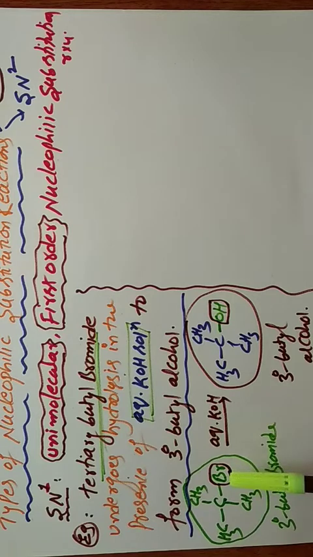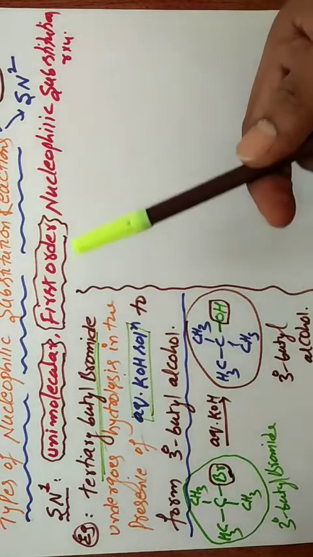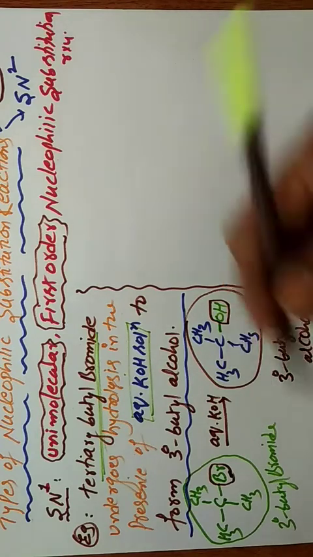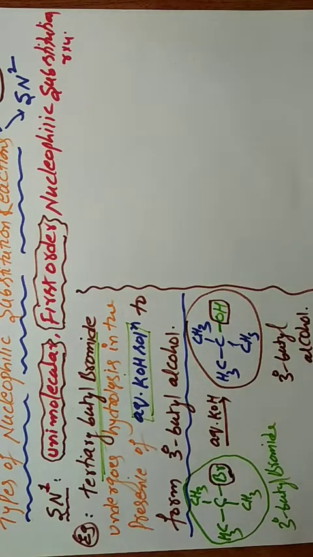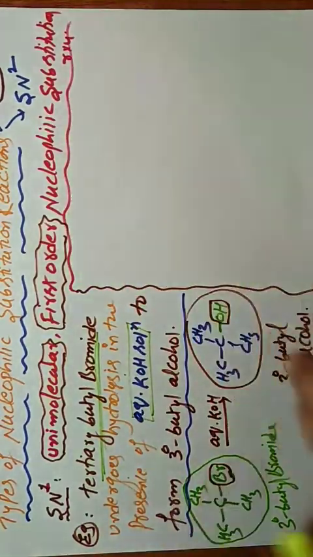Here the nucleophile is OH minus. This is the total reaction. Now we discuss the mechanism. What is the meaning of mechanism? Mechanism means how the product is formed. That is called mechanism. So now we discuss the mechanism.